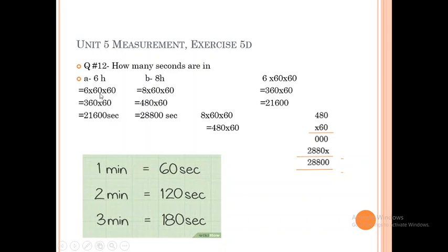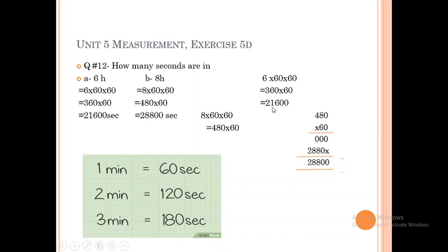6 multiplied by 60, then again multiply by 60. First do this multiplication, 6 6s are 36 and this 0 is here. Then do this multiplication, 360 multiplied by 60. These two zeros are here, and read the table of 6. 6 6s are 36, 6 is here, 3 carry, 6 3s are 18, 18 plus 3, 21.